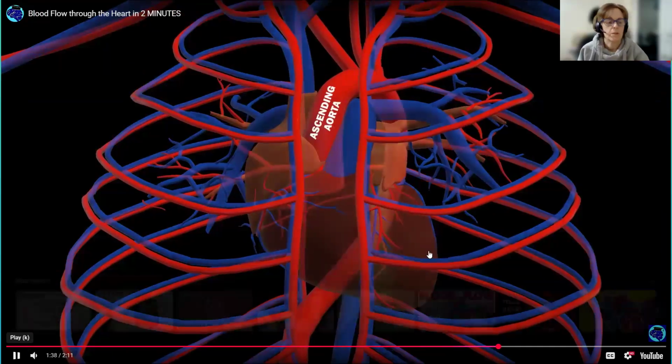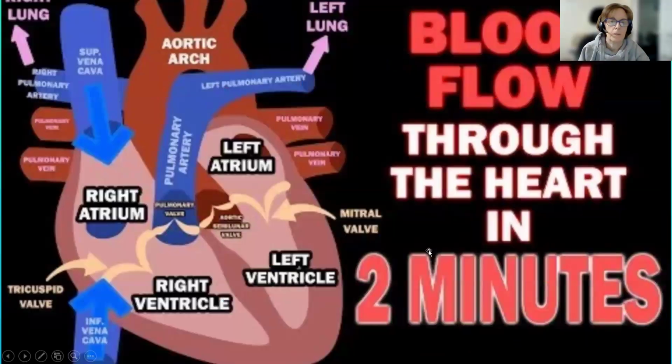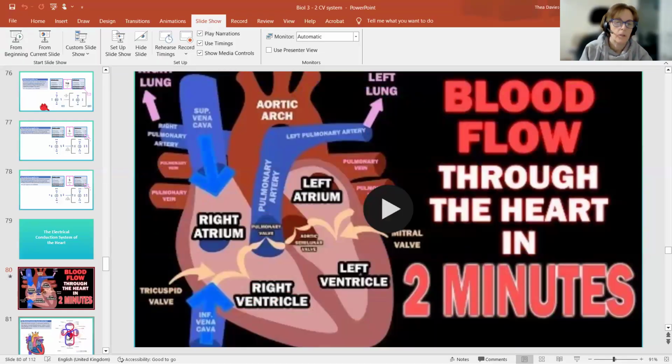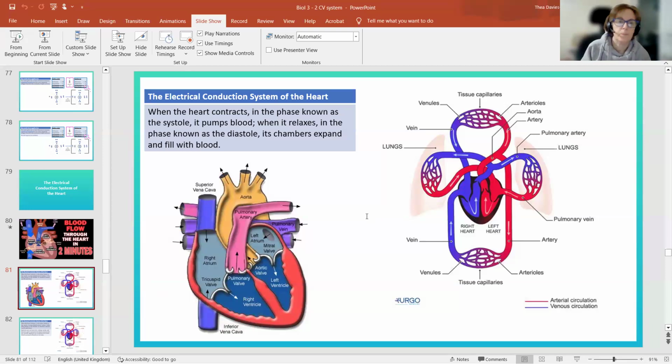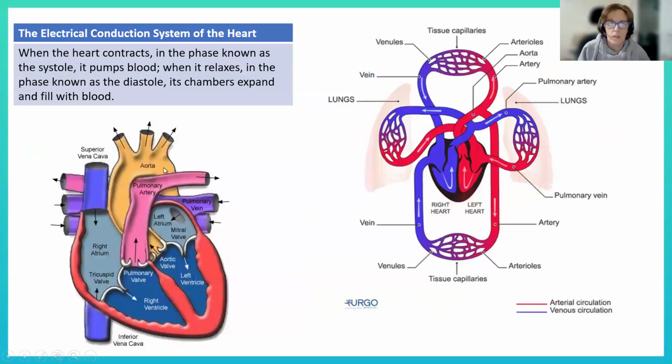Okay, I'll stop it there because I don't need to go through that bit of systemic circulation. Right, so when the heart contracts, we have these phases. We have systole when it's contracting, that's the bit that pumps the blood.